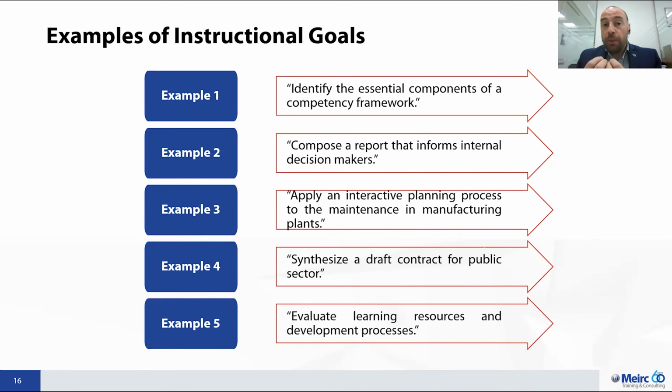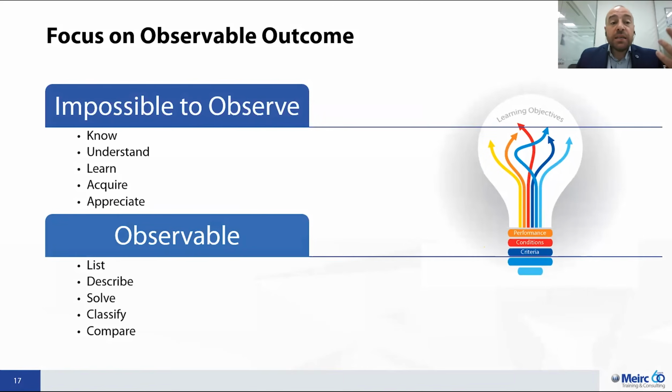Remember, it's all about what the participants are acquiring. But I cannot evaluate something within the system of the participant. They need to show me some observable indications that the instructional goal has been achieved.